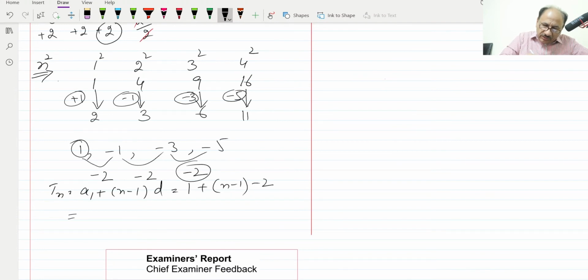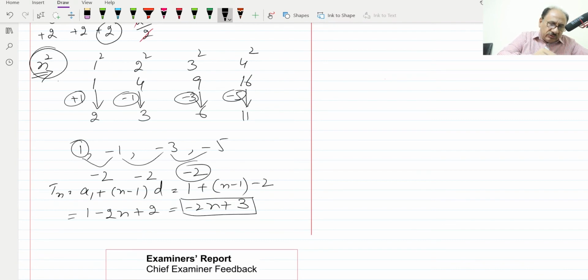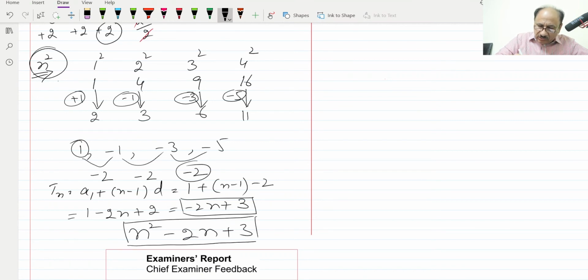If we open the bracket and simplify, it will be 1 minus 2n plus 2, and this will be equal to minus 2n plus 3. This portion we will attach with the n square which we have written over here. So our final answer will be n square minus 2n plus 3, which we have found by the difference method.